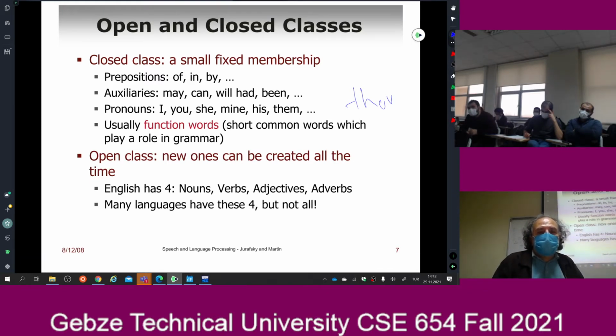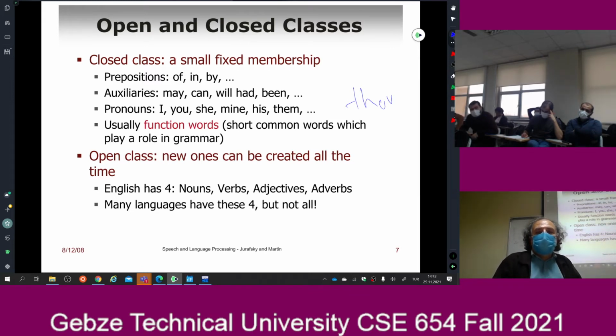So nouns, for example, nouns, verbs, adjectives, and adverbs. Even non-English speakers can make up nouns or verbs, right? And they can use the nouns or verbs in the place of the other tags.